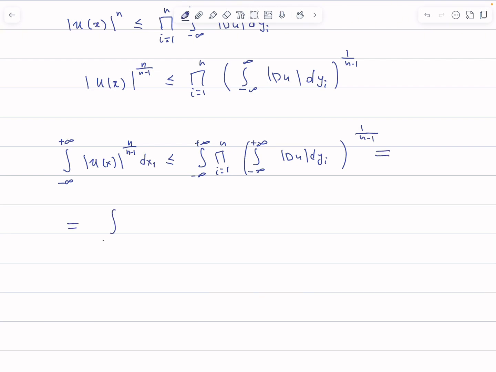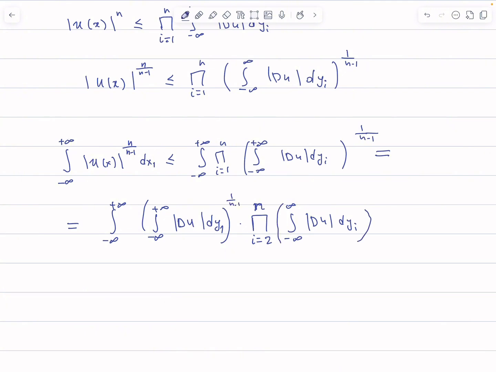We have the integral of |Du| dy1 times the product for i from 2 to n of the integrals of |Du| dyi, all to the power 1 over n minus 1, dx1.